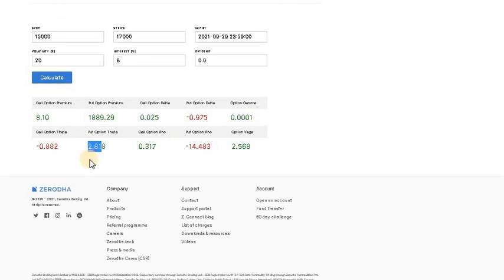The theta component is huge, because you will lose 2 rupees 80 every day multiplied by the lot size if the stock is not moving. That's why buying an out of the money option is risky. You will lose the premium. Volatility is 2.568. That means if market volatility, historical volatility, is increasing, then your option will gain by 2.568 percent.